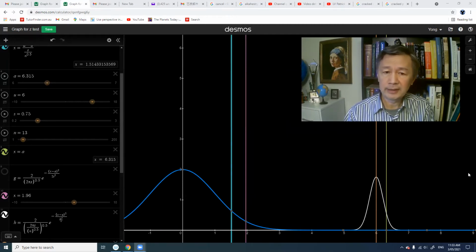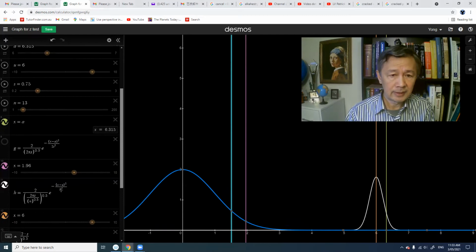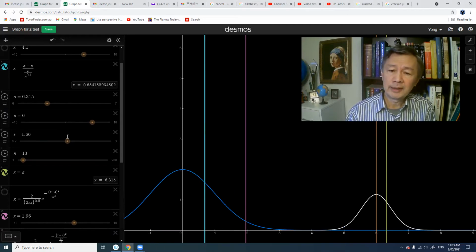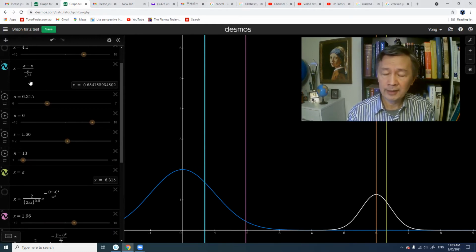This is the definition of Z: x-bar represents the sample mean and mu represents the population mean of this particular study. Notice also that when we use this statistic, the population standard deviation is estimated by S, the sample standard deviation, divided by the square root of n, where n is the sample size.